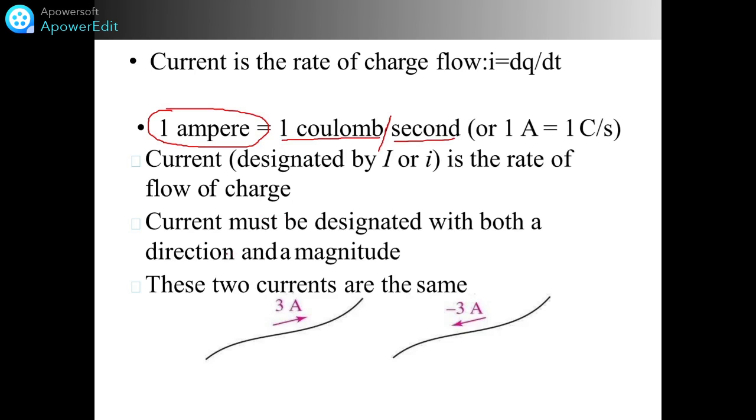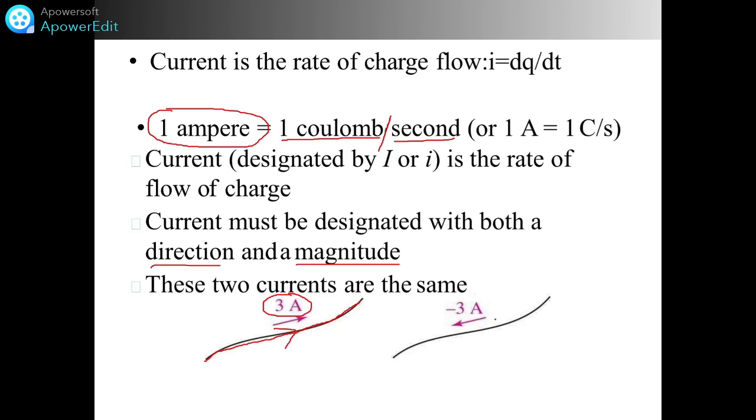We already discussed the current. It must be distinguished with both a direction and a magnitude, because if the current flows in a particular direction, let us consider 3 amperes.